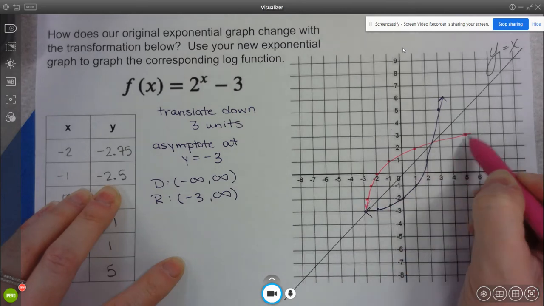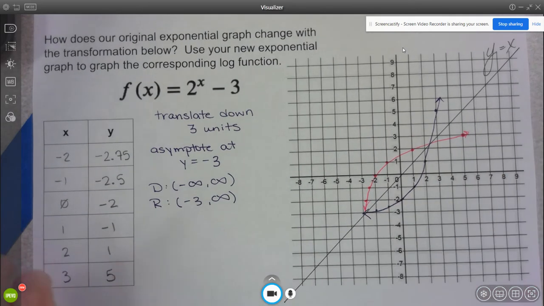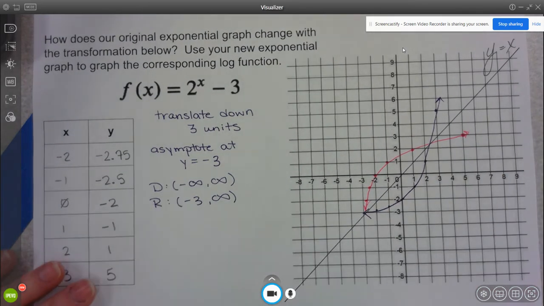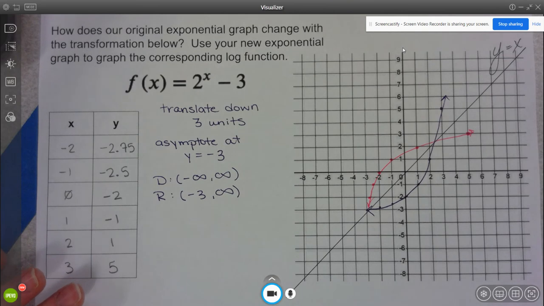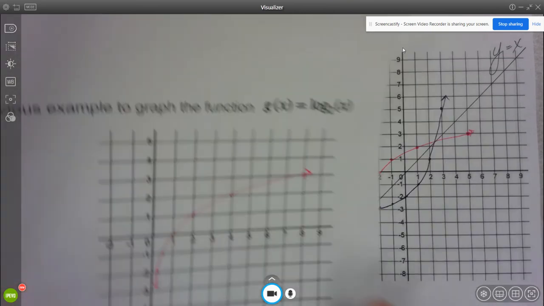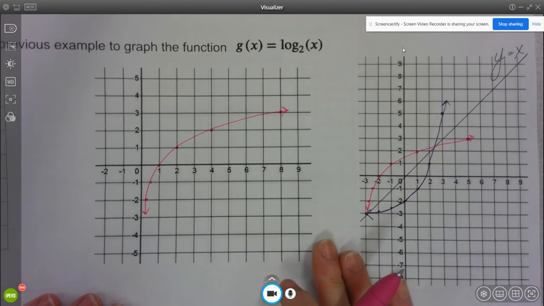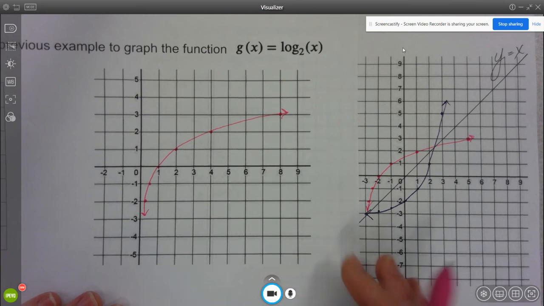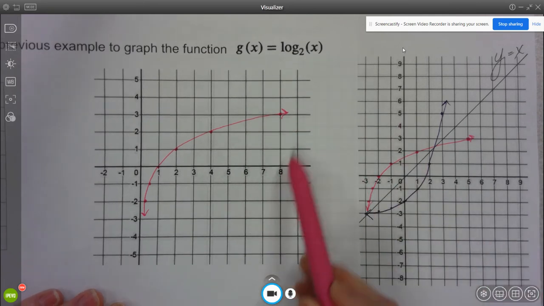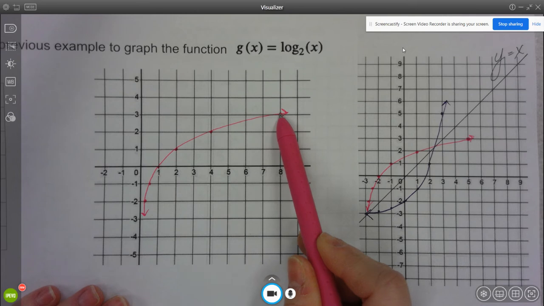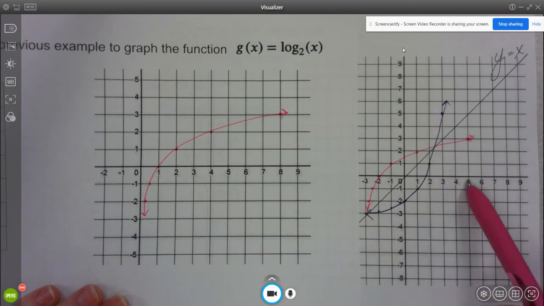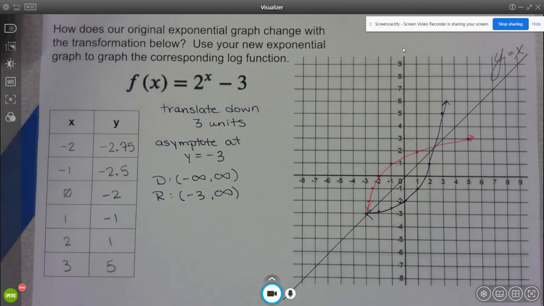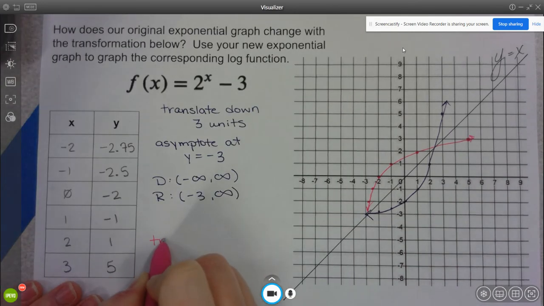So this is with the x and y coordinates switched. Looking at my original log function here, this original point was at 8, 3. Now it's at 5, 3. So I did in fact translate left.